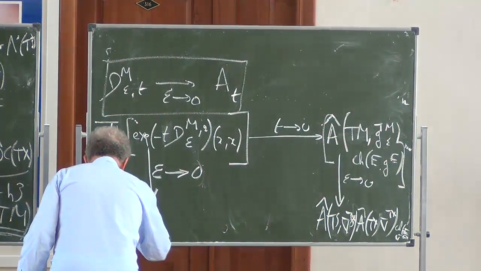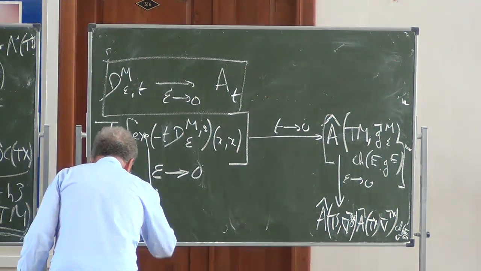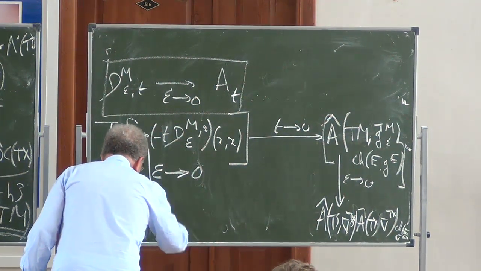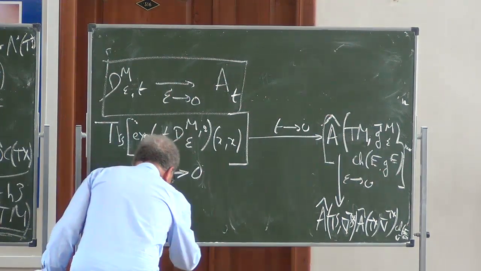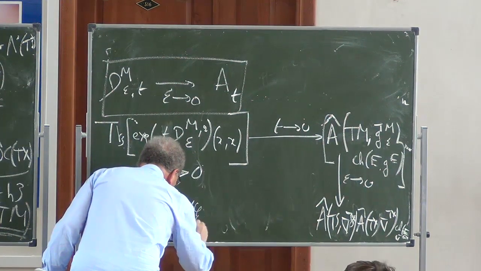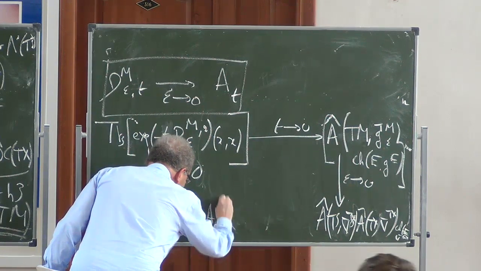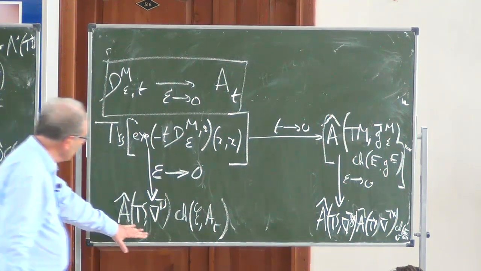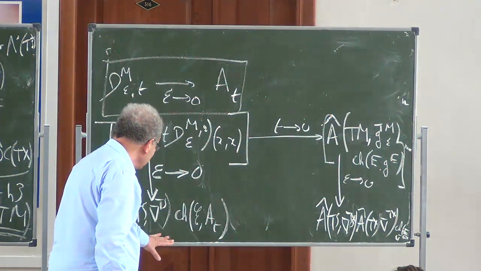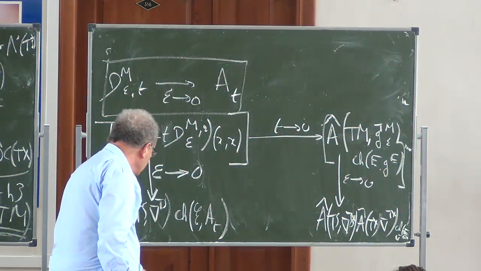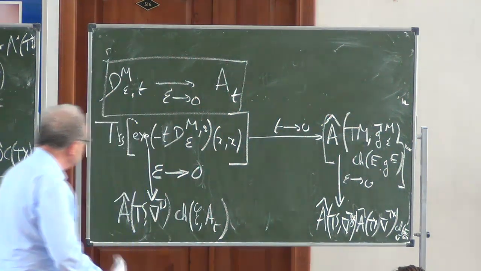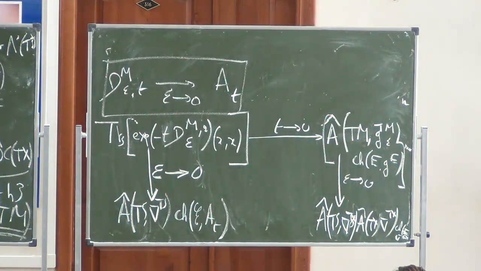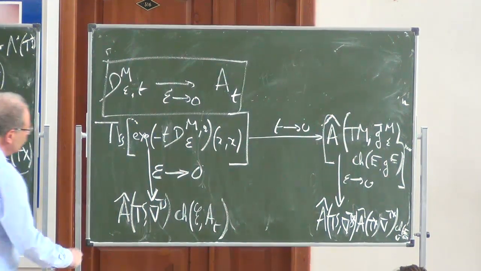As epsilon tends to 0, this converges to A of TS, nabla TS, times the form Ch of E A T. Again, it's not difficult, except that in some sense we're now doing local index theory on the base with coefficients in an infinite dimensional vector bundle. So this is a bit difficult, but not too much.